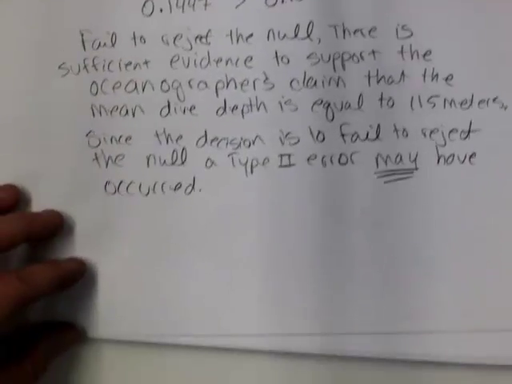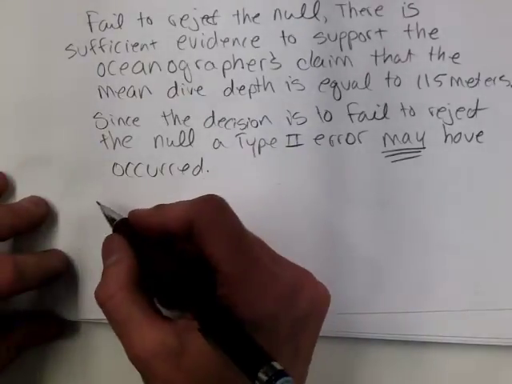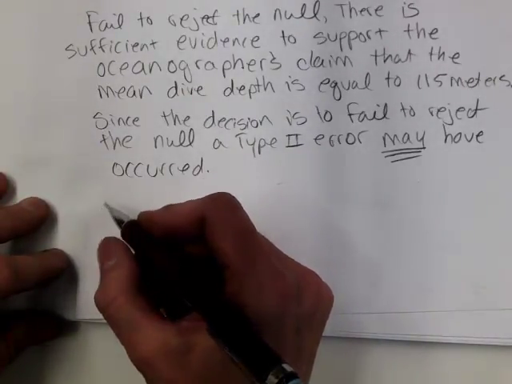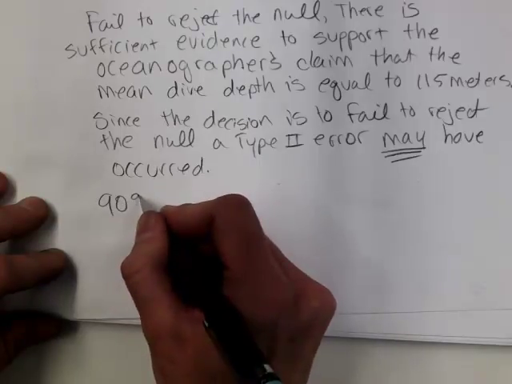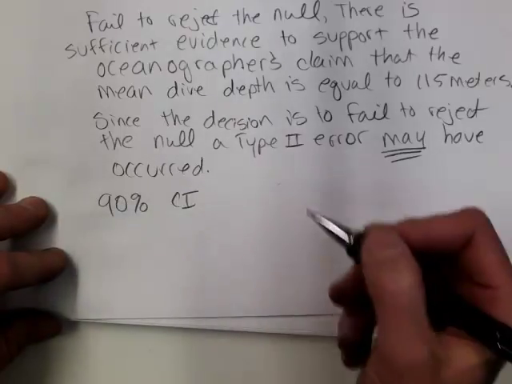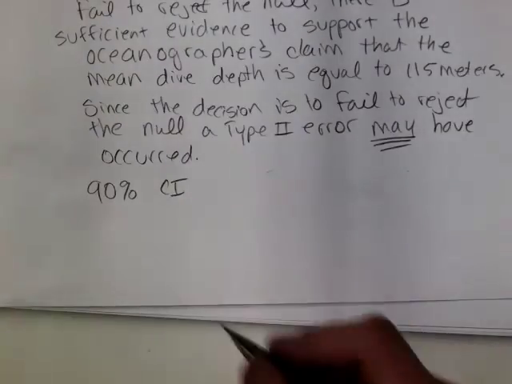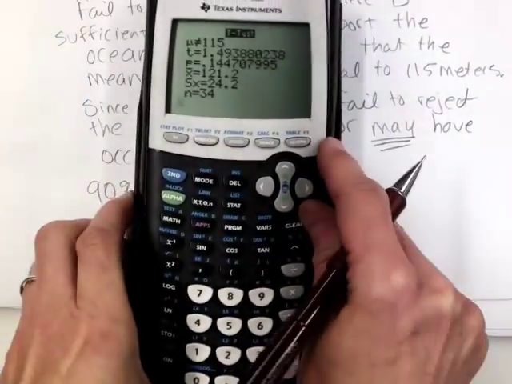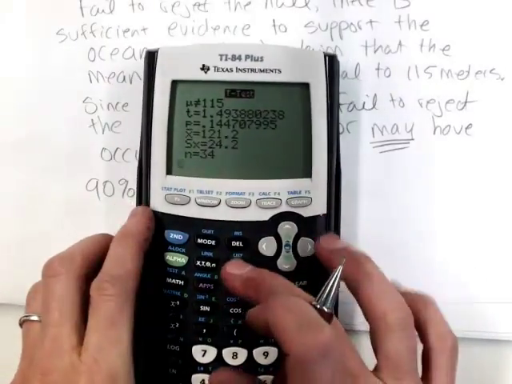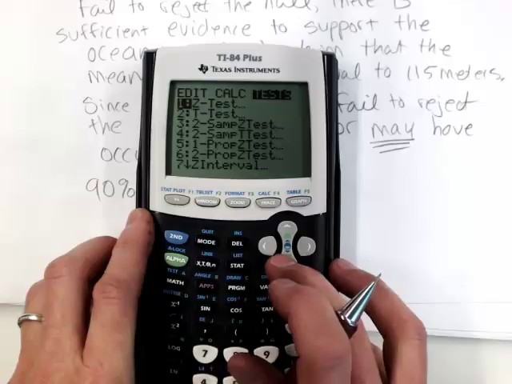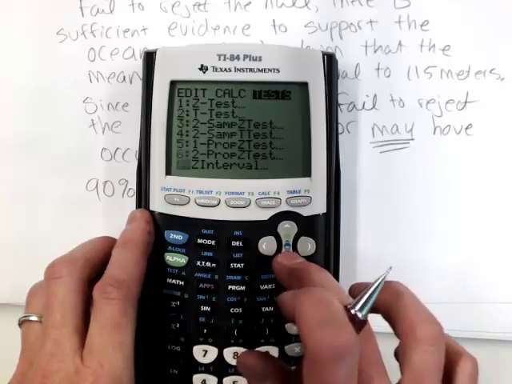Last but not least, let's look at the corresponding confidence interval. Since alpha was equal to 0.1, we would be finding a 90% confidence interval. So again, I'm going to use my t-interval in the calculator. I'm going to press stat, right arrow over to tests, and then scroll down to t-interval.